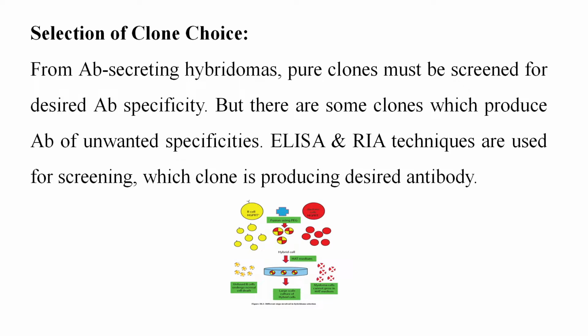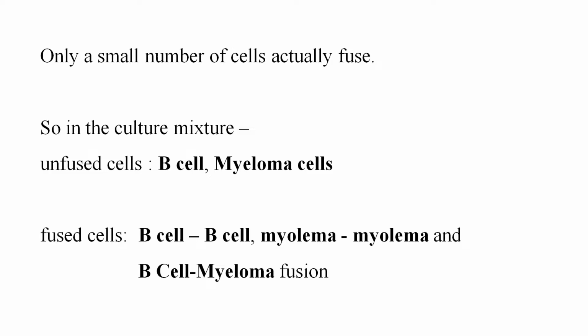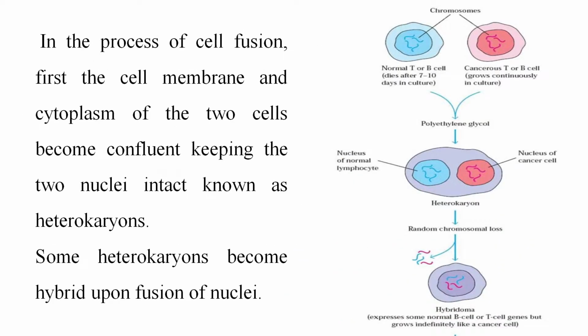Another sub-step of the selection is that we have to select the actual clone that will produce antibodies specific to one particular epitope. Because remember, I had shown you, let me go back a little and I'll show you. During fusion, you can see here that after heterokaryon formation and during hybridoma formation, you have some chromosomal loss that we have depicted as random chromosomal loss.